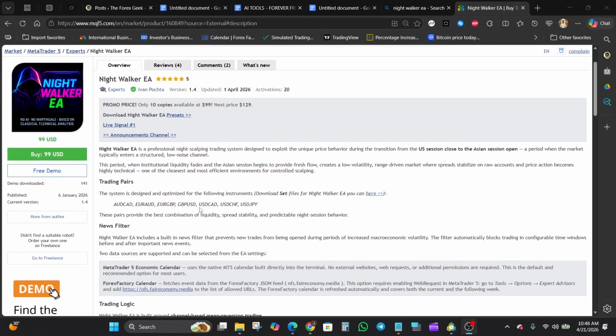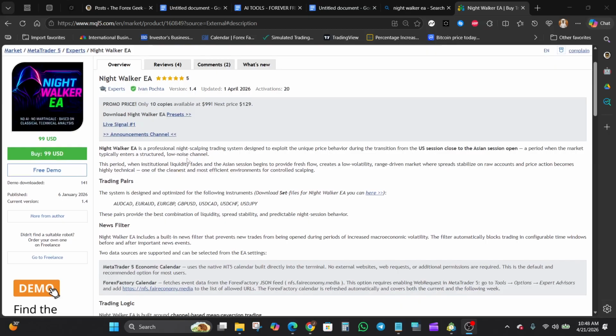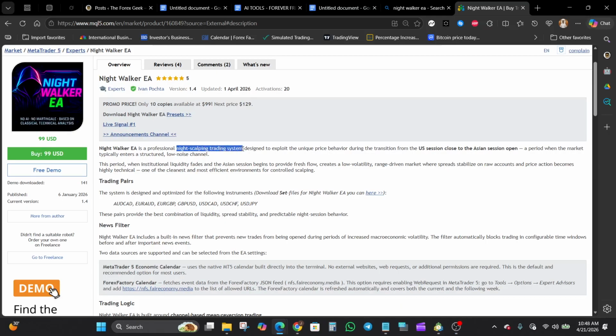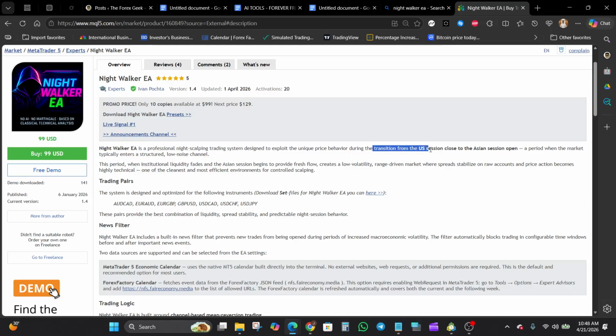Now, from the description, this EA is designed as a night scalping trading system. All right, and the core idea is actually quite specific. It focuses on trading during the transition period between the US session close and the Asian session open.